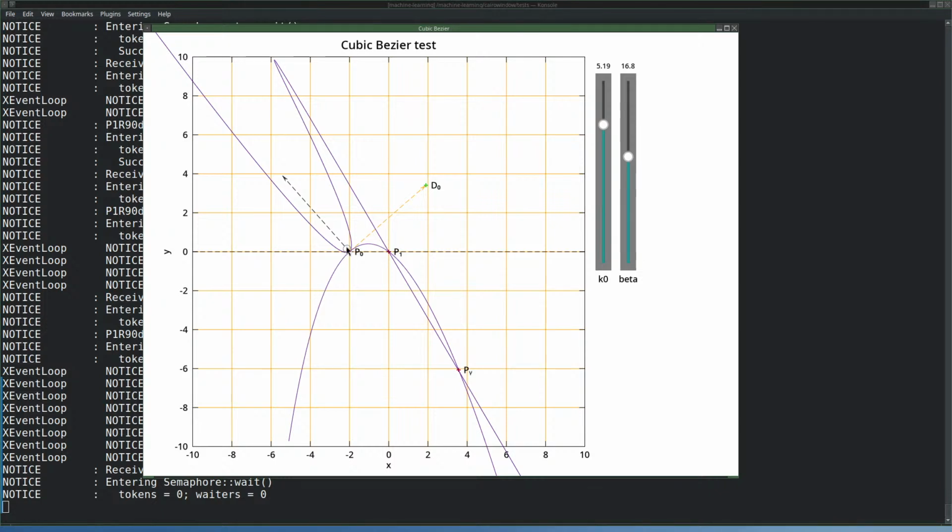I'm just ignoring the curvature. This one tries to fit curvature here as well. Anyway, I think this one is useful.